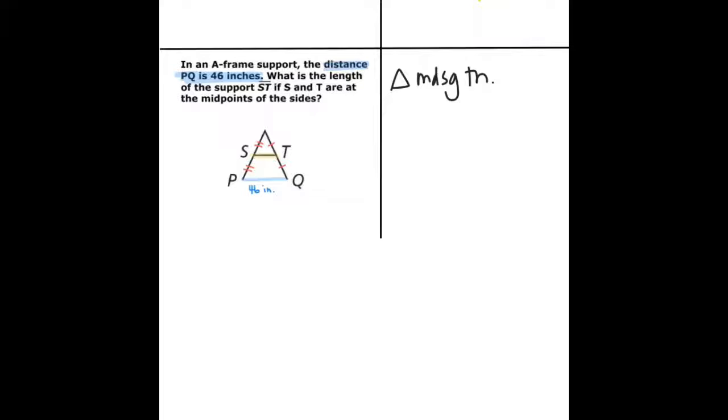So I'm going to set up a similar equation to what we used before, and I'm going to say that segment ST is equal to 1/2 the measurement of PQ. And if we know PQ is 46, we use simple substitution, and then we calculate that segment ST is in fact equal to 23.